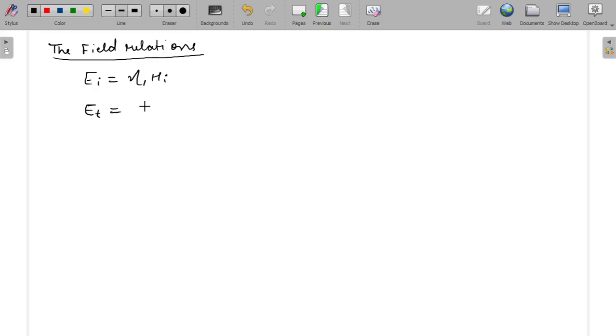ET, that is the transmitted electric field, is equal to eta 2 into HT. Okay, and you also know eta is equal to E by H, that's why E is equal to eta H. And for the reflected wave, ER is equal to minus eta 1 into HR. When reflection in direction occurs, one of the field directions changes.